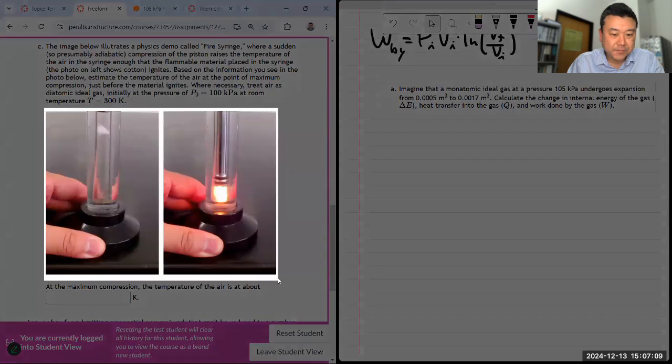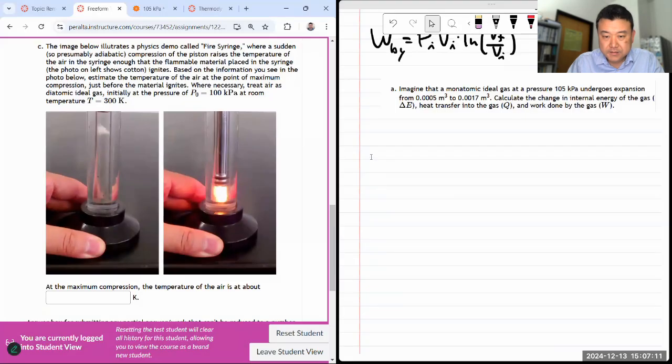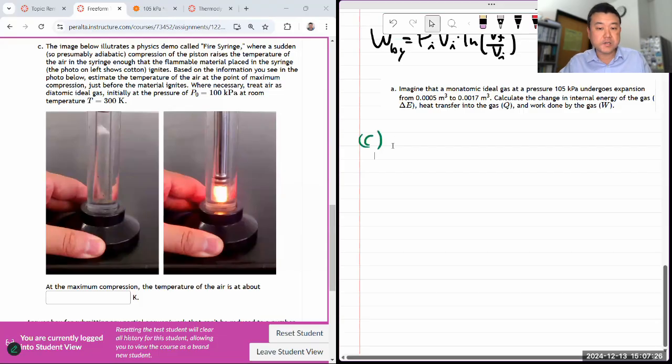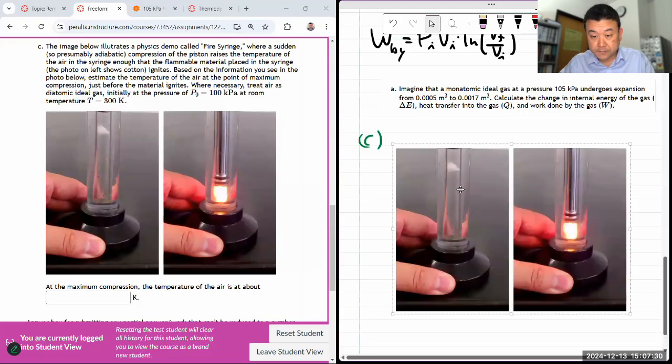It doesn't have to be very precise. So this is my work for C. The main thing I need to know is the compression factor, the ratio of V initial to V final.